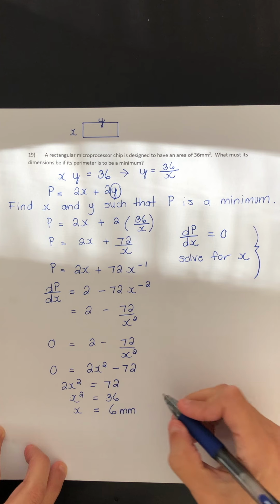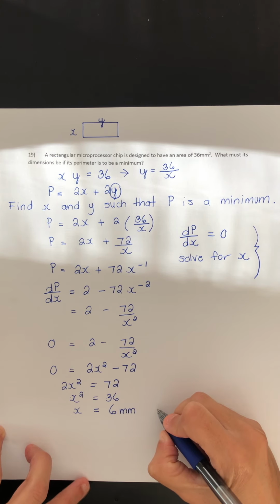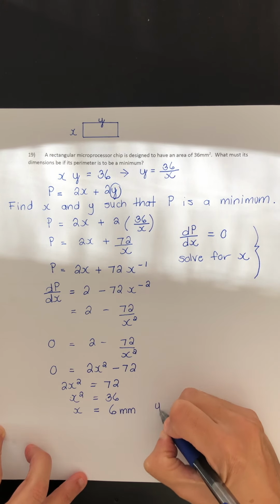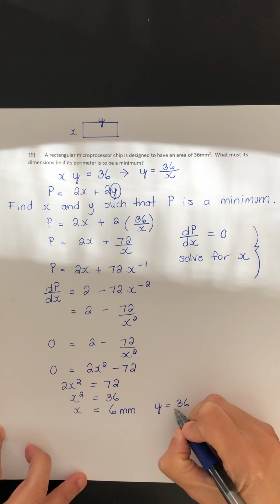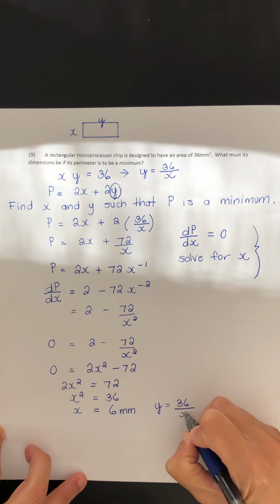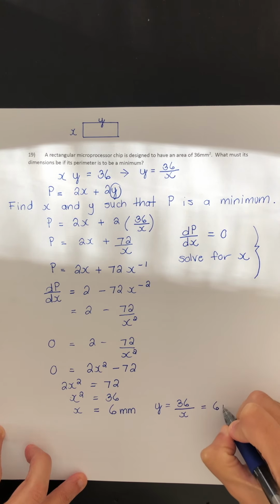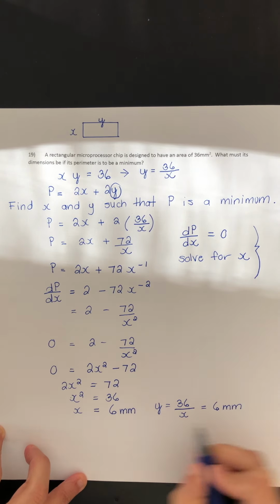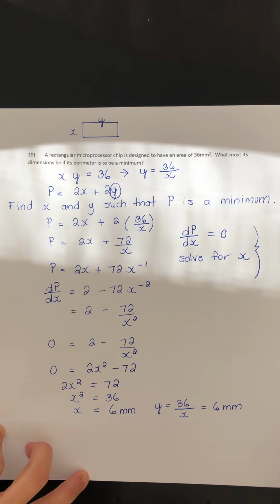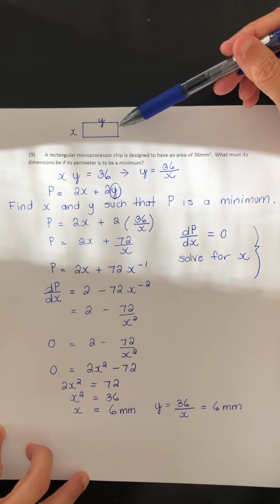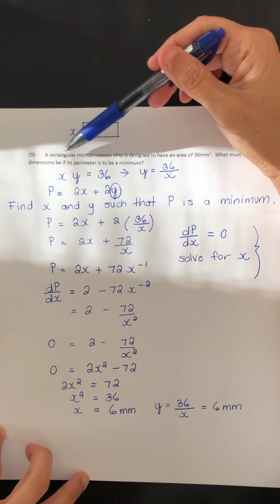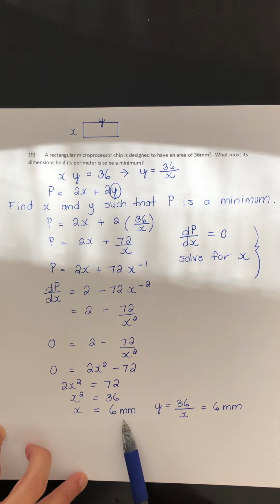So x is 6 and y is 6. And so, in fact, the best way to minimize the perimeter is to make the rectangle a square. Okay?